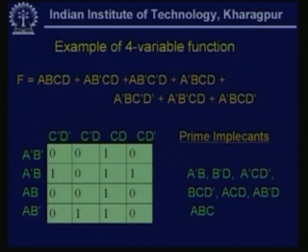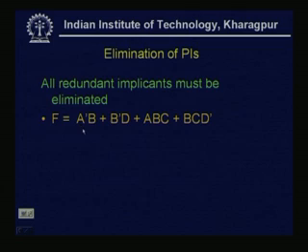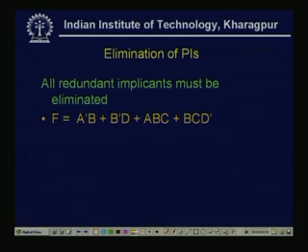So, which one will I be taking? We are taking this one, this one, and this. Now, we see that this is A bar B bar, B bar D, ABC and BCD bar. So, these are reduced to.